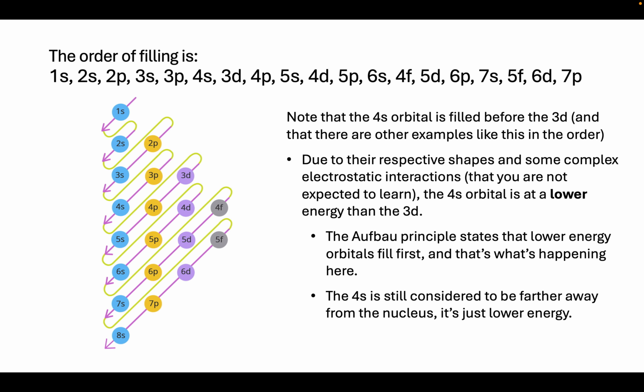The order of filling that's listed is really listing those orbitals from the lowest to the highest energy. You don't need to memorize that, so don't freak out. You do need to be able to produce it, but it's very easy to use some little tricks to figure it out without having it memorized.